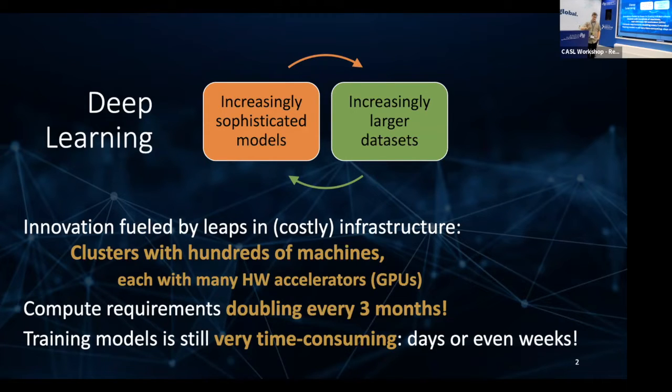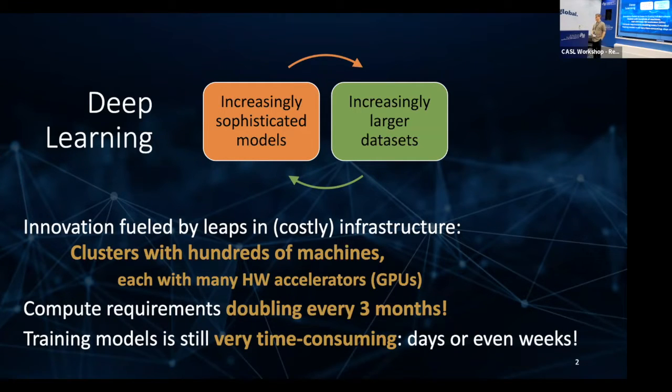But one thing that is happening under the surface is that all this great innovation is being enabled by costly infrastructure that keeps on growing and evolving. We train a lot of these models nowadays thanks to hundreds of machines equipped with many accelerators, GPUs, DPUs, and whatnot. And yet, the compute requirements for some of these workloads are doubling at impressive rates.